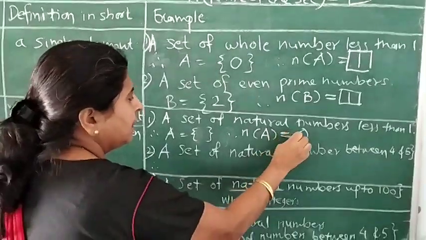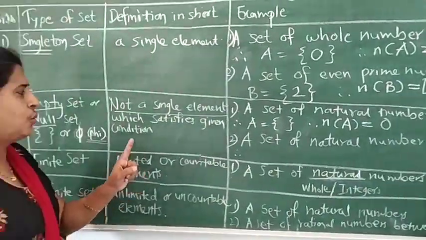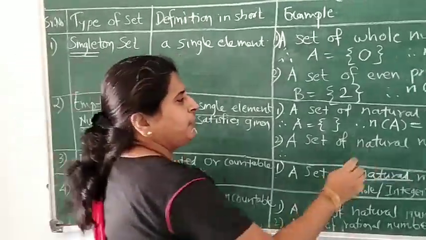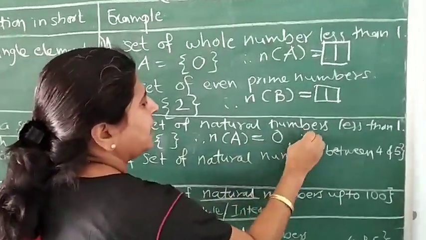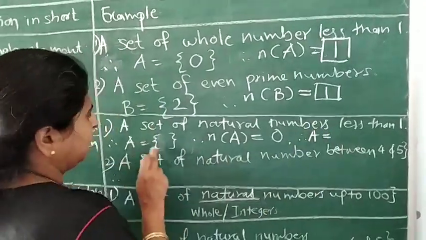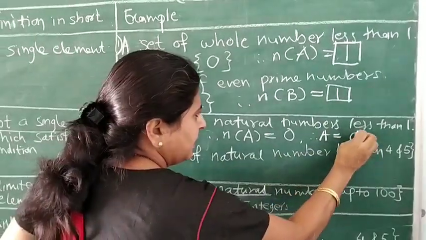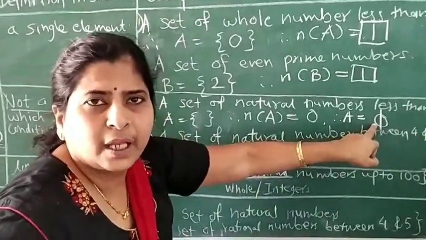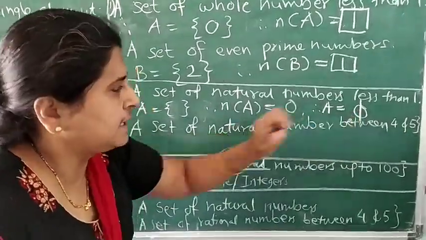Zero means nothing, not even a single element. That's why it is called an empty set or null set. If the number of elements is 0, we can say A is empty like this, or we can say with the symbol phi that A is the empty set, phi, or null set.